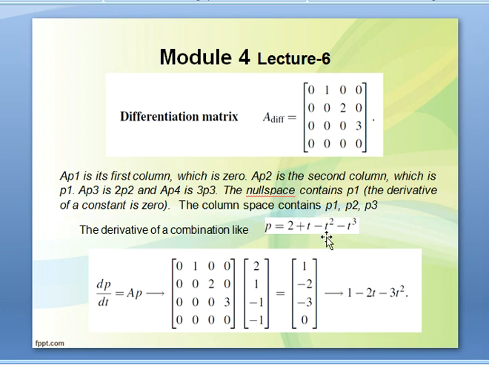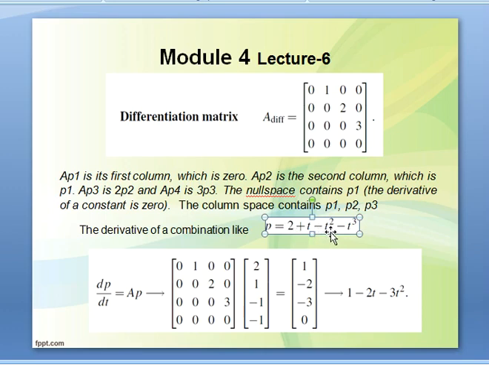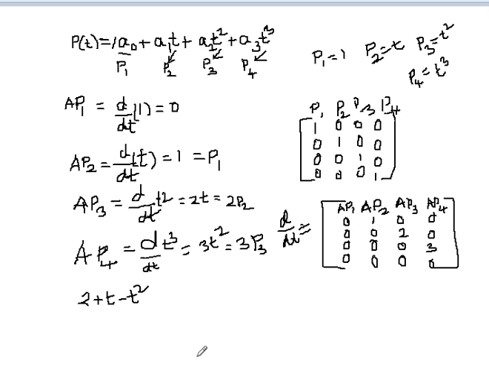When 2 plus t minus t square minus t cube is differentiated, let's write it with a dash on it.